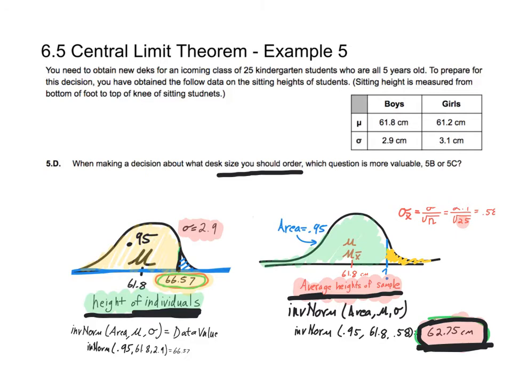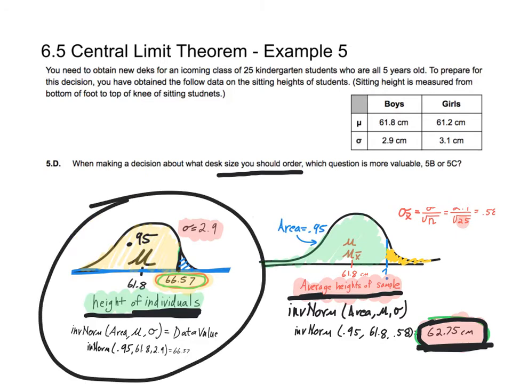So in this case, I'm interested in the result from 5B because it's talking about individual students. If I'm looking for desk sizes, I'm going to want to determine if I can reach my individual students. I'm not worried about the average height overall. This is a good value to tell me something in the middle, but it's not going to be a good value for me to estimate something along my class.